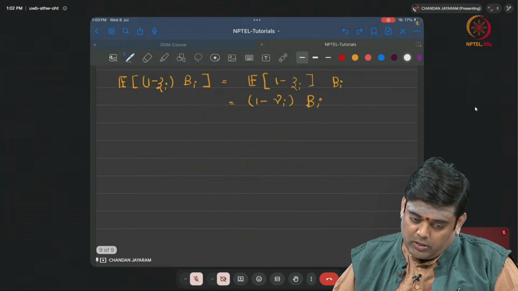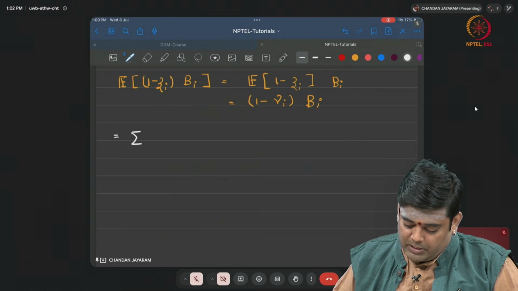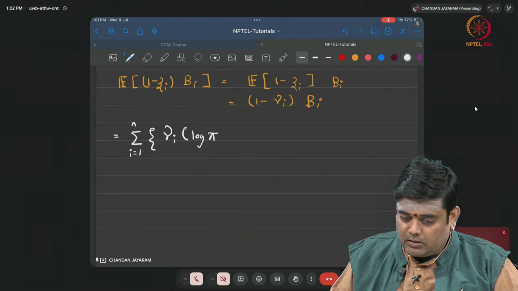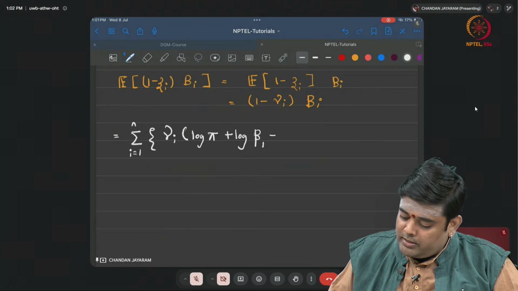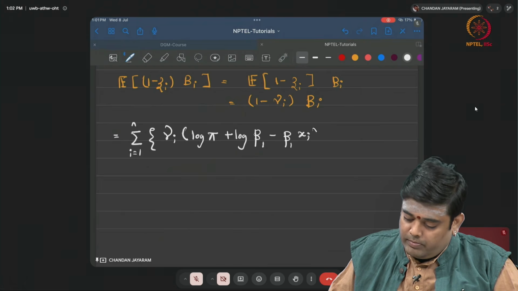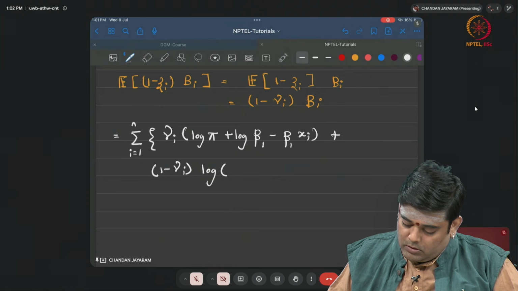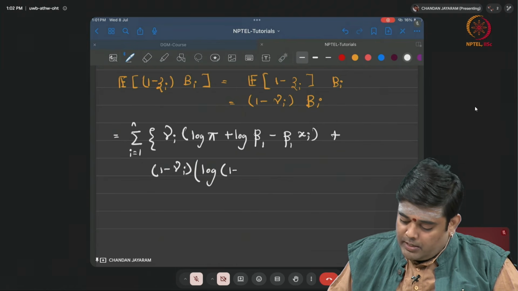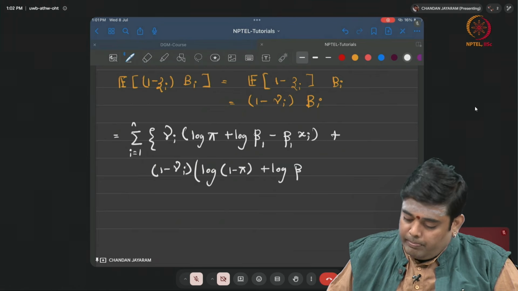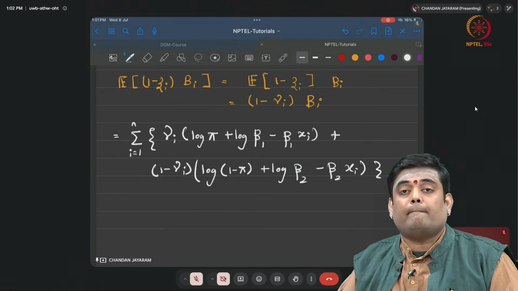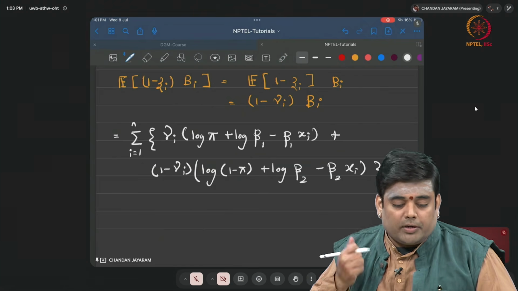So now therefore the whole term will be the summation i equal to 1 to n of coefficient into ai, which is log of pi plus log of beta 1 minus beta 1 xi, plus 1 minus the coefficient into log of 1 minus pi plus log of beta 2 minus beta 2 xi. You get this. Okay. So now next what?